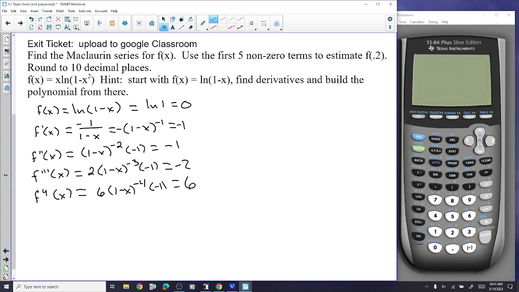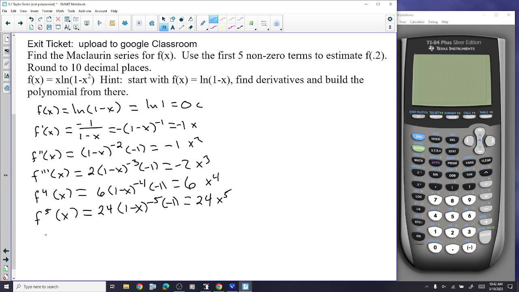Use the first 5 non-zero. 1, 2, 3, 4. Here's the fifth non-zero, which ends up being 24. 1 minus x to the negative 5 times negative 1. That's 24. Well, those are the factorials, right? So this is the constant, the x squared, x to the third, x to the fourth. This is your x to the fifth.